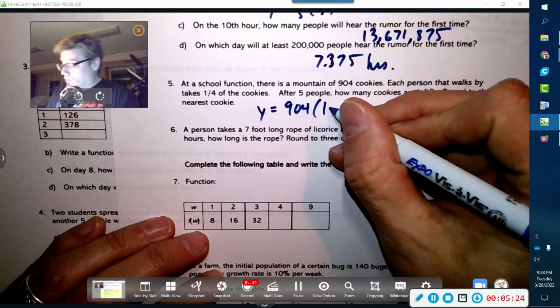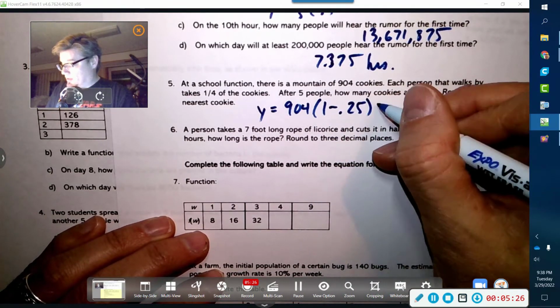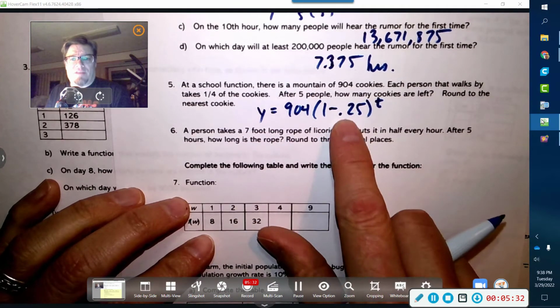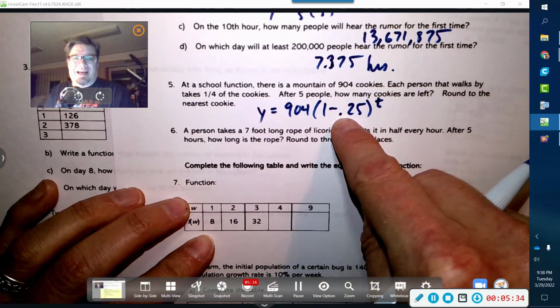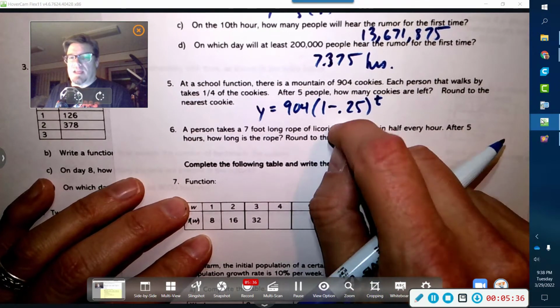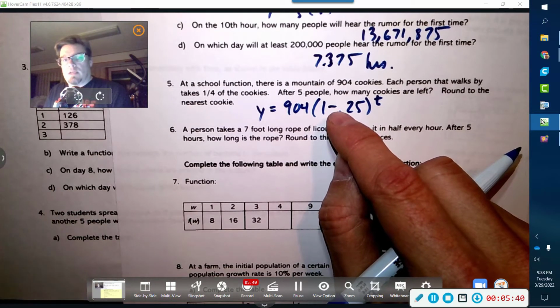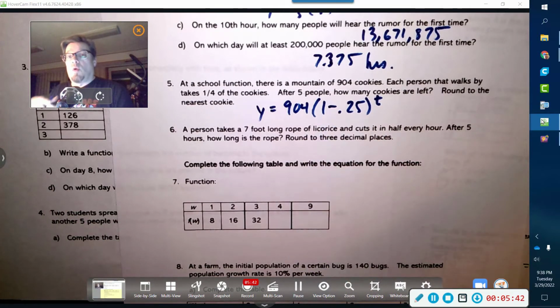So you're losing 25%. So this is really a simple interest model. If you put 25 here, well, I get it. That's an easy mistake to make, like 0.25. But remember that you're losing 25%, so therefore you're going to have 75% left every time period.